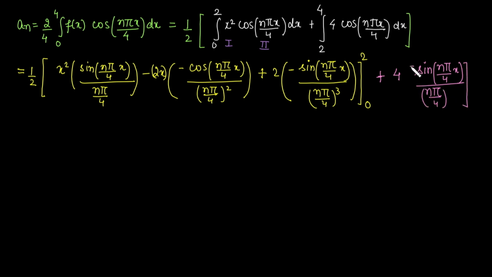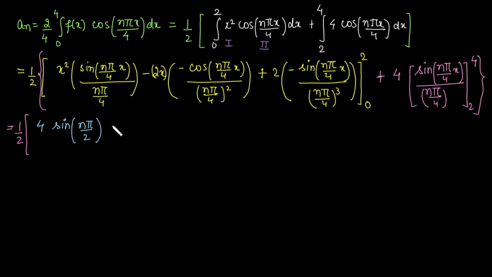Limits are 2 to 4, and this whole term is multiplied by half. This is equal to half of, substitute upper limit. When you substitute upper limit, we have 4 into sine of n pi by 4 into 2. So we are getting in this case n pi by 2.